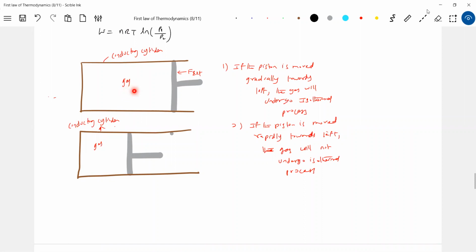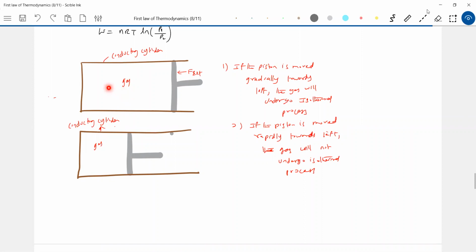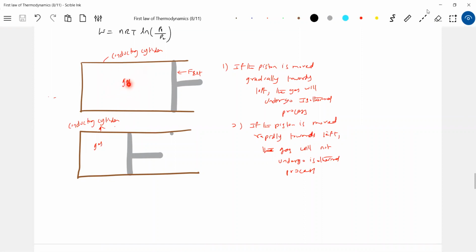Otherwise it is not possible. We think the gas is dynamic, but it is like lifeless matter. What process the gas undergoes is determined by the external agent.